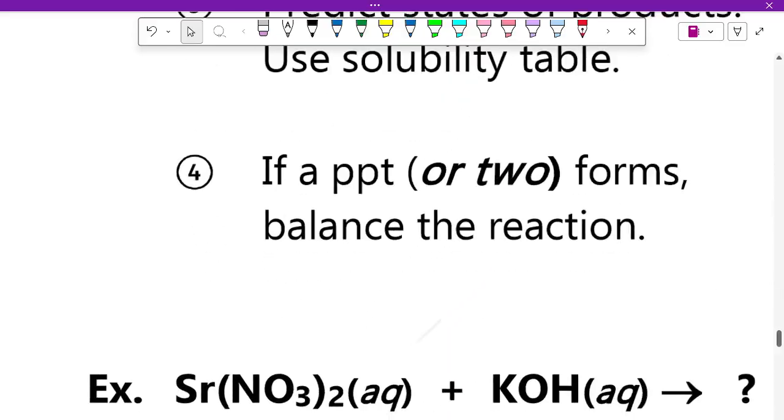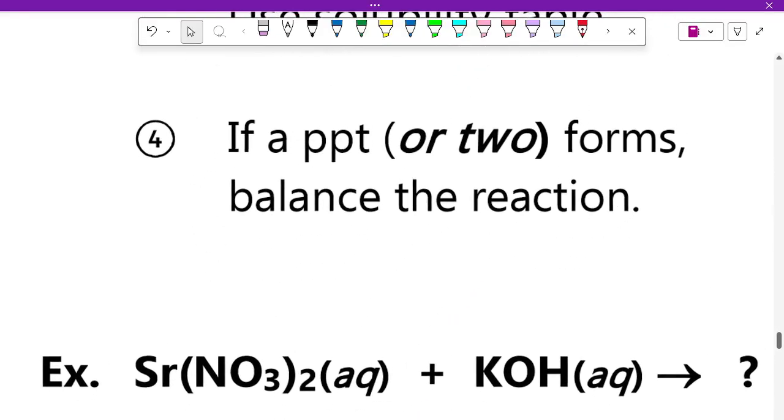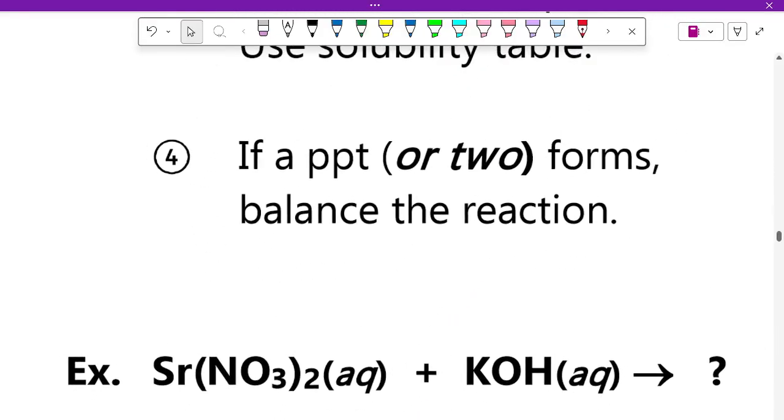How about this one here? I want you guys to just look at this one, strontium nitrate and KOH. So what we need to do is say we got strontium.